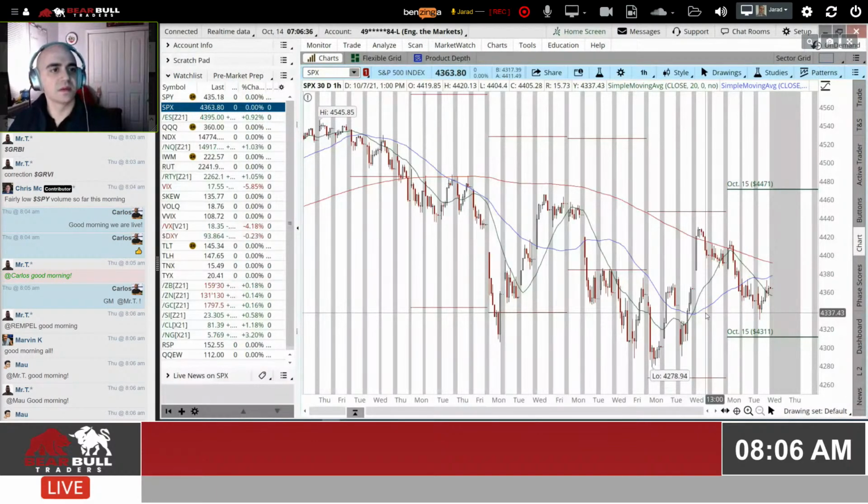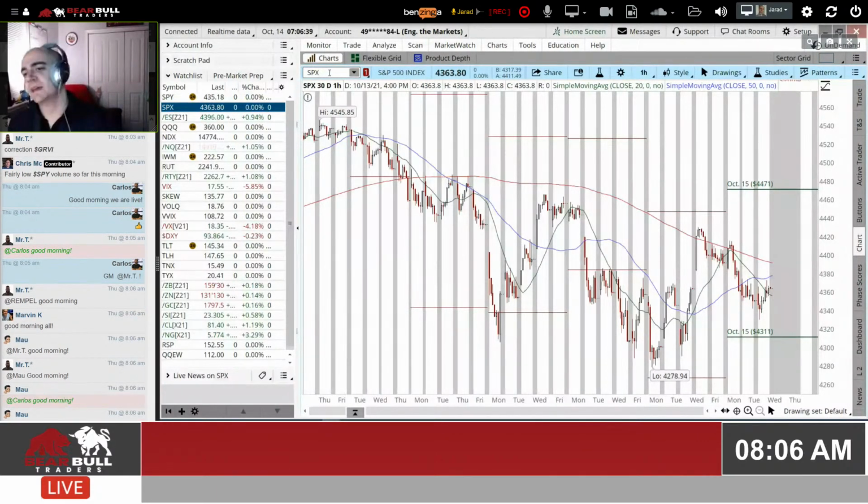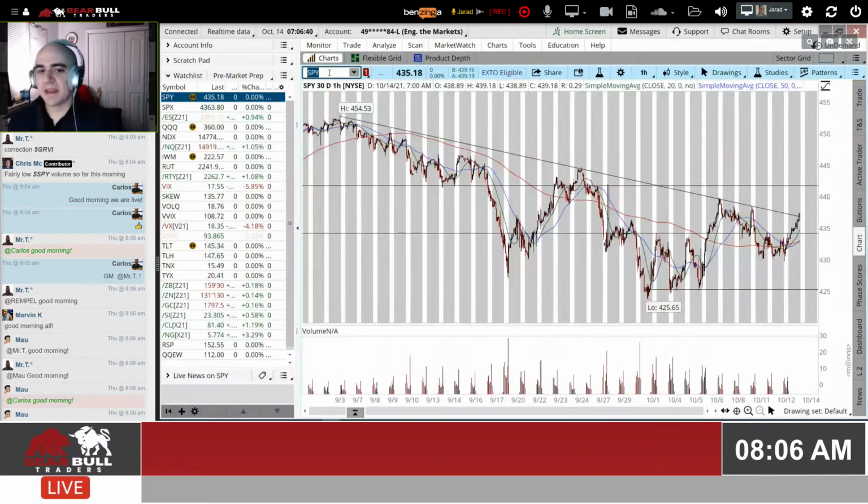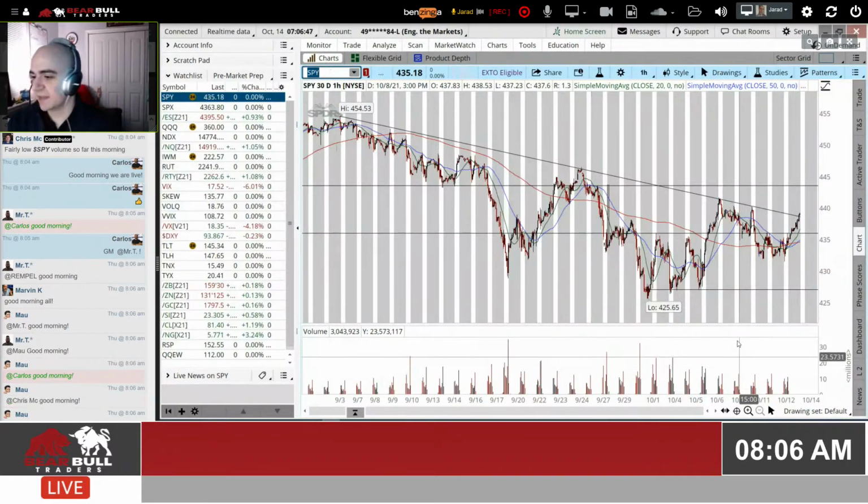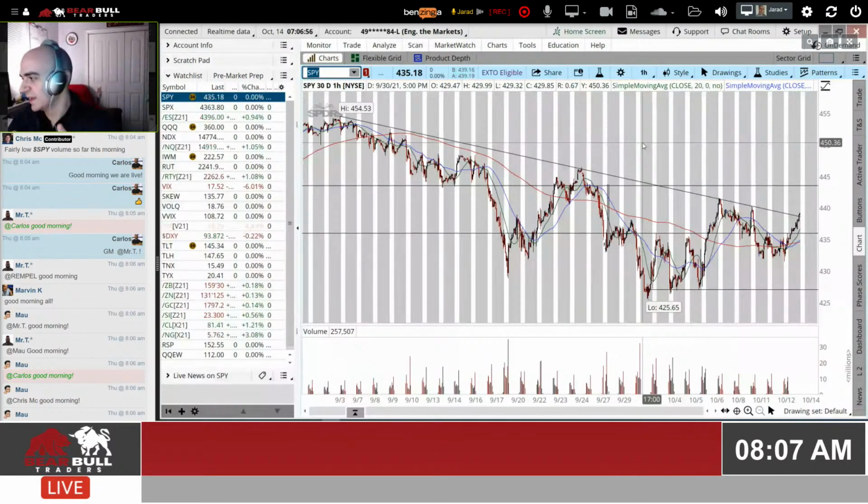So getting back to our SPY, let's take a look at some of this pre-market action and some of the nuance behind it. Now, as we all know, the market is still in a relatively settled daily downtrend. And what's occurring in these past couple of weeks is the potential for that trend change to start to shift.